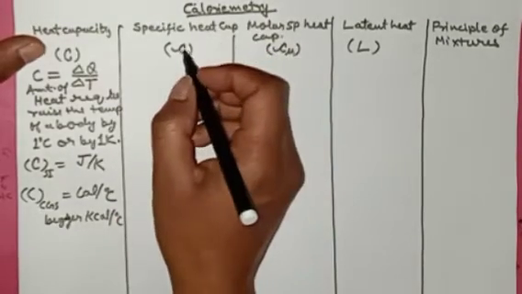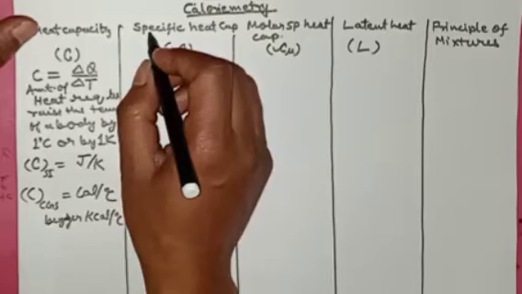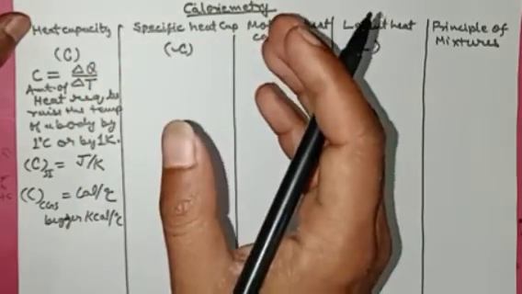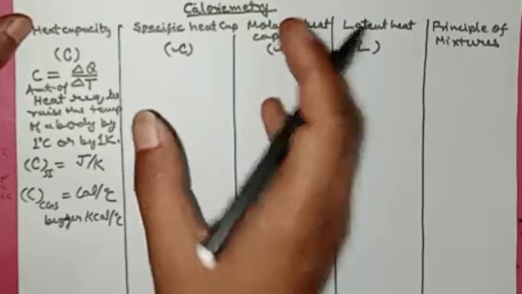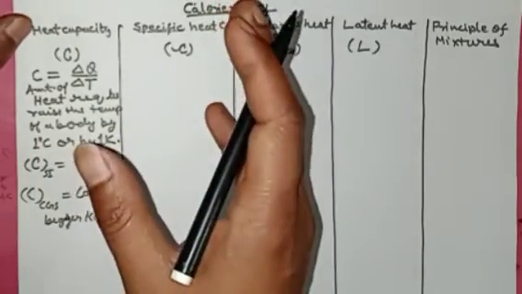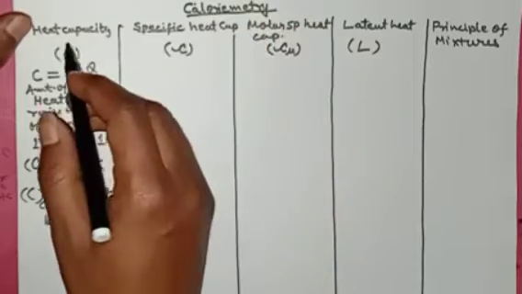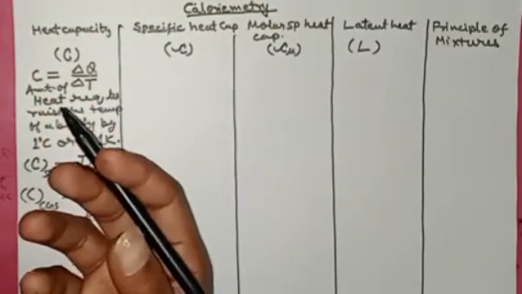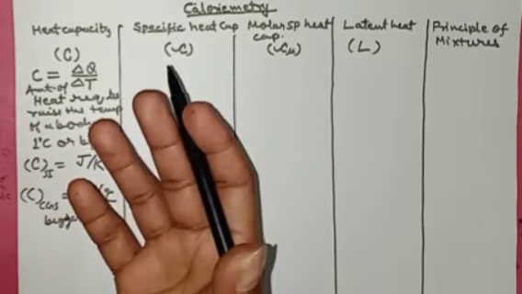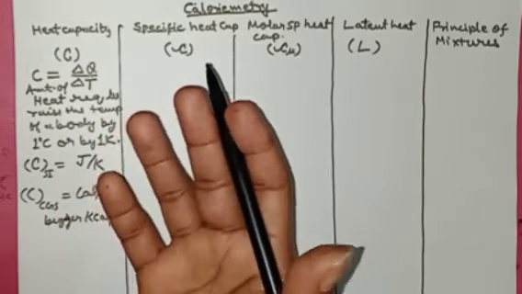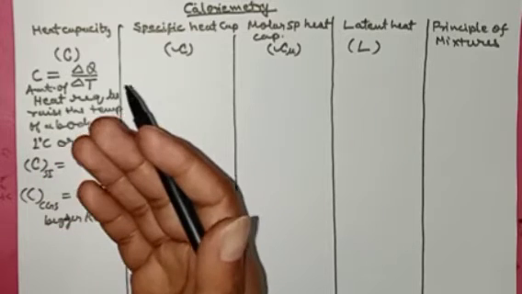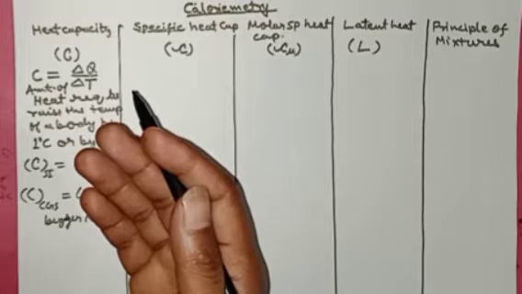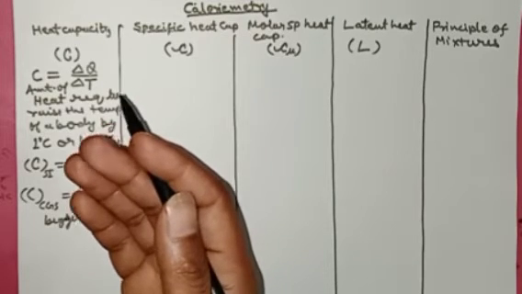Next is specific heat capacity. It is the specific term. It is more inclined to the material. It is the property of material, not a body to body variation. So for an example, let us suppose there is an iron nail and an iron block and an iron ship, then all of them will have different heat capacity, because an iron nail, we will heat it, its temperature will increase immediately, so it has less heat capacity.